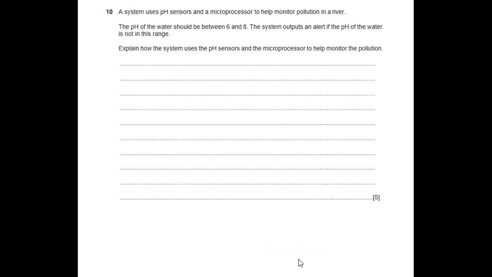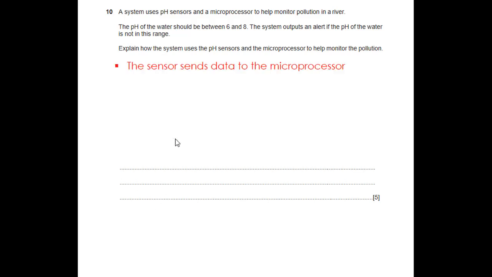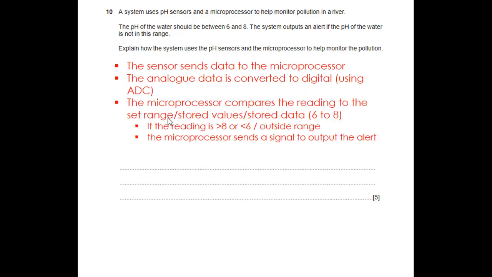Now, the last question in this exam is asking us about sensors and detection and how this works. So the sensor would send data to the microprocessor. Again, it's always worthwhile mentioning here that it's converted into a digital signal. So this pH sensor measures the pH as a number, and that gets converted into a binary signal.